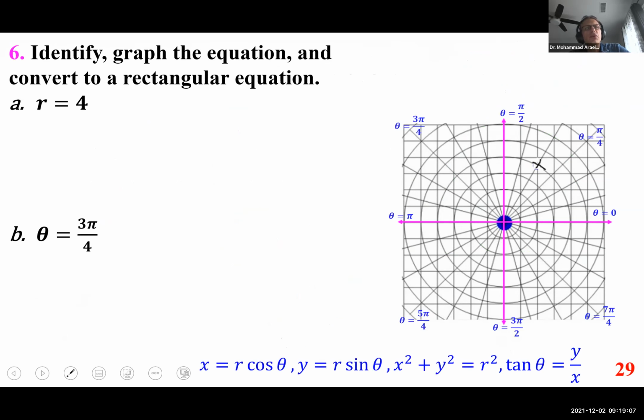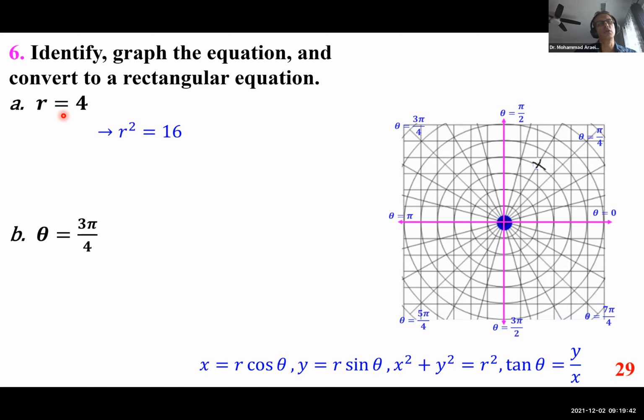Identify, graph the equation and convert to a rectangular equation. Again, a bunch of information at the bottom. X equals r cosine theta. Y equals r sine theta. X squared plus y squared equals r squared. Tan theta is y over x, and account for the quadrant. All of the above. So let's see if we can do that. If we square both sides, again, there are some tricks involved. R squared becomes 16.